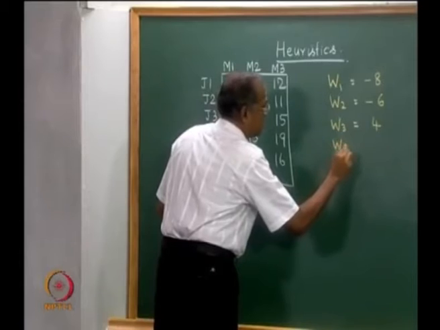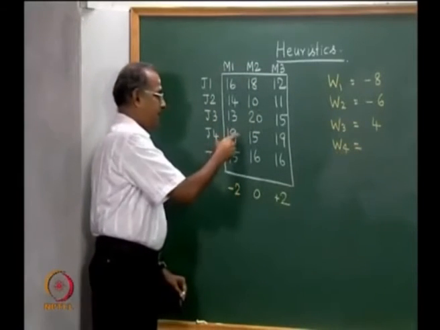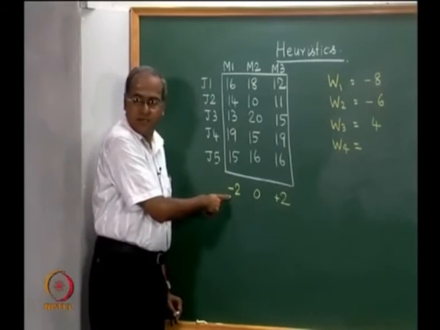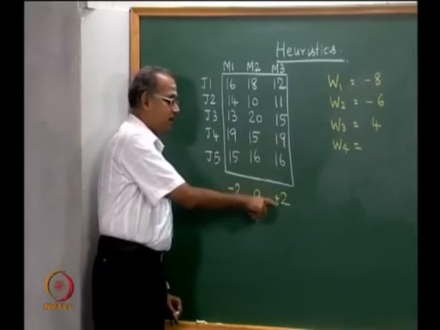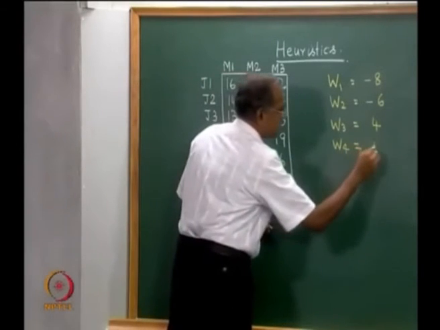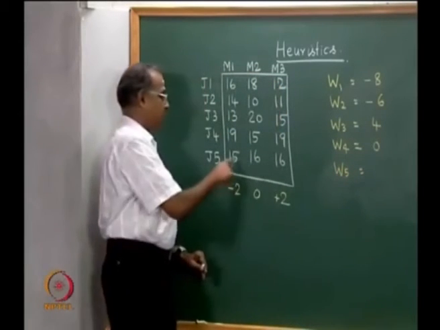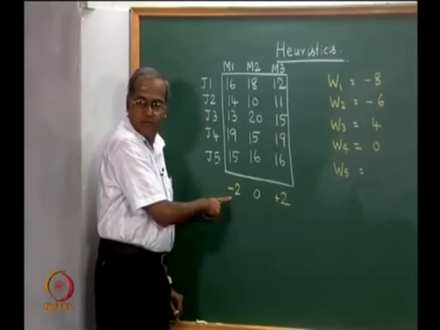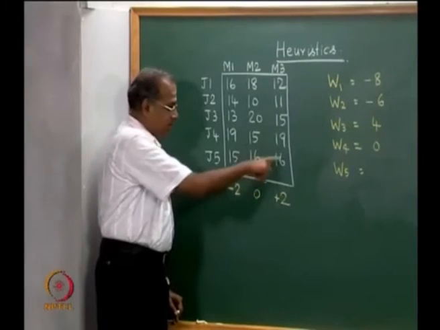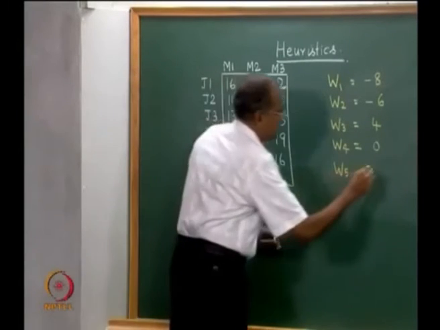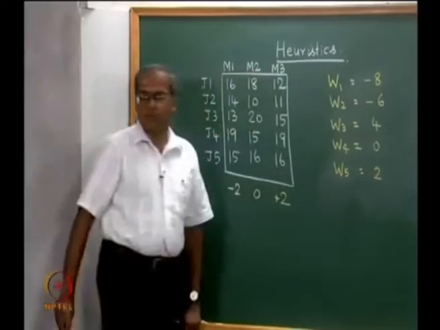W4 will be 19 into -2, -38 plus 19 into 2, plus 38, 0. And W5 will be 15 into -2 is -30, plus 16 into 2, 32, so it will be +2.